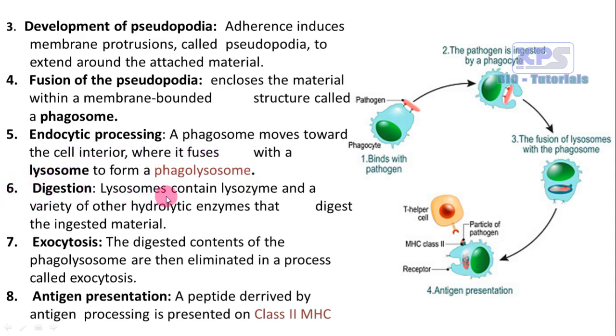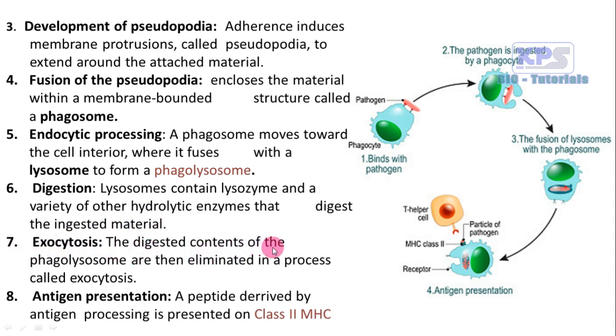The next step is digestion. The lysosome contains lysozyme and a variety of other hydrolytic enzymes that digest the ingested material. These enzymes work on the antigen within the phagolysosome and it gets digested. Then exocytosis.